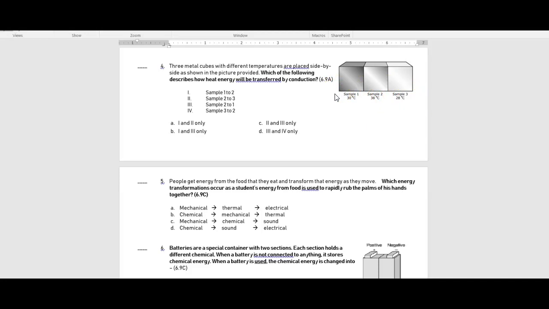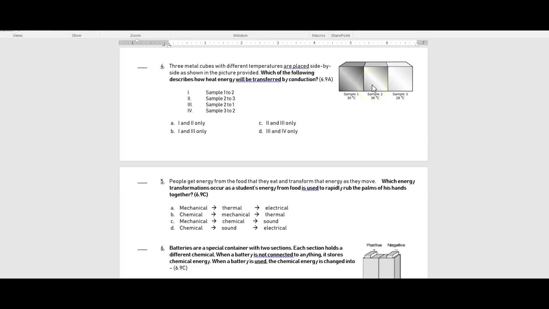So what I want you to do before you start picking numbers is draw your arrows. Which way will the heat transfer? Okay, so draw your arrows and then pick the numbers here that correspond with the arrows that you drew. All right, so here we have number 1. It will move from sample 1 to sample 2, so it would be an arrow going from here to here.